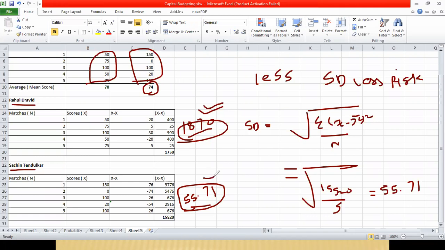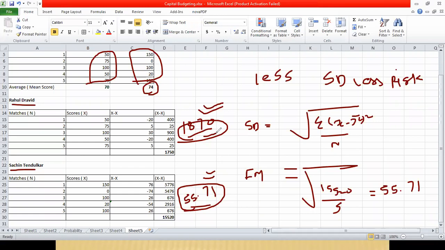Okay. So similarly, this concept is used in financial management also. If you are comparing between two securities in which you have to invest, you have to select the security whose standard deviation is less. It indicates that performance is consistent. That is very important, because it should give return every year.